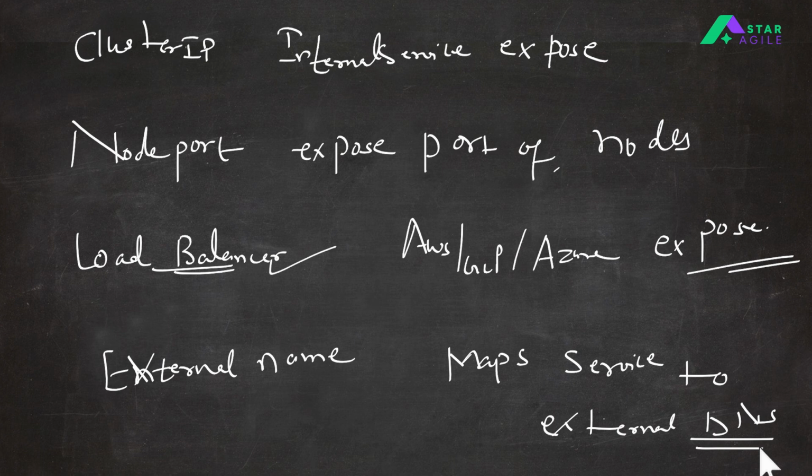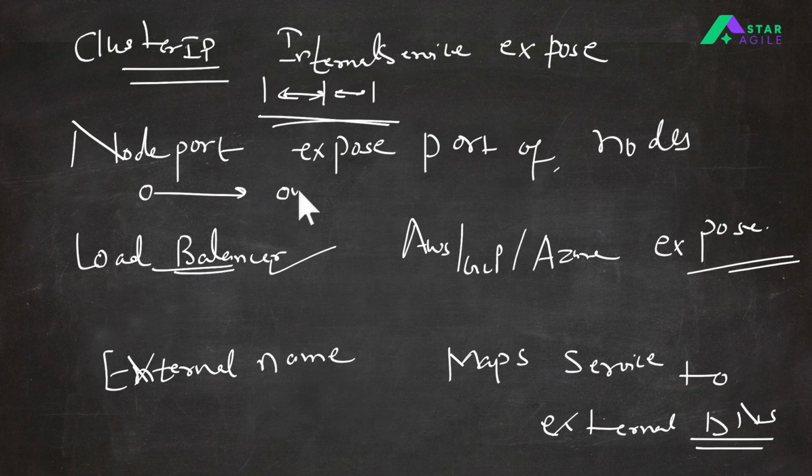If we talk about the use cases, cluster IPs are basically for communication within the cluster. So let's say we have a cluster of 3 nodes and you want each node to communicate with each other, in that case you can use the cluster IP type of service. And if you want to expose any port to the outside world without a load balancer, you can use the node port type of service.